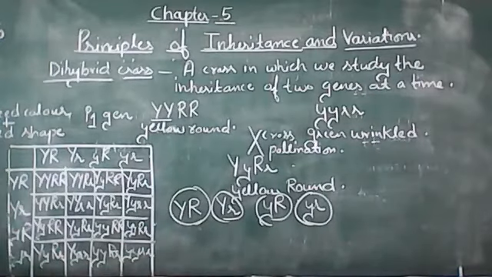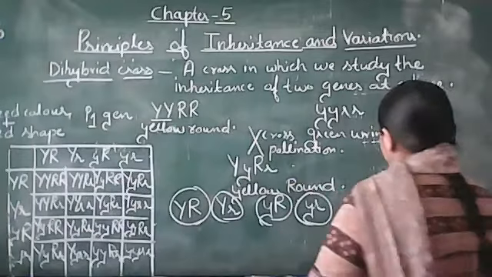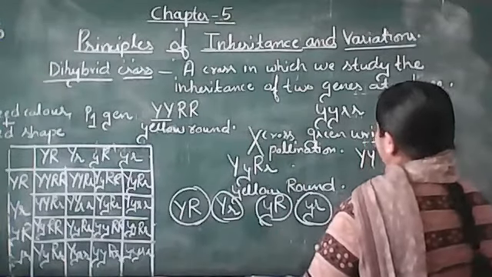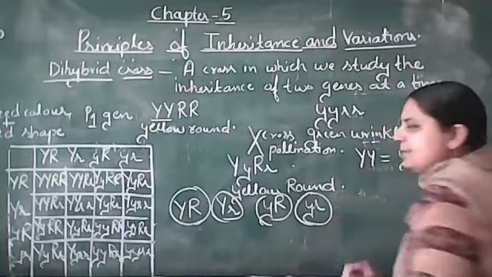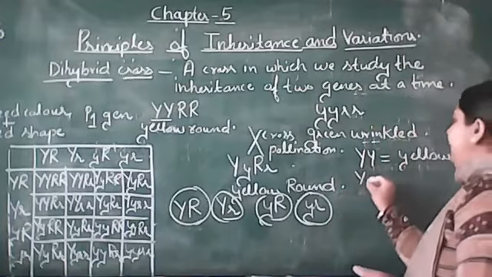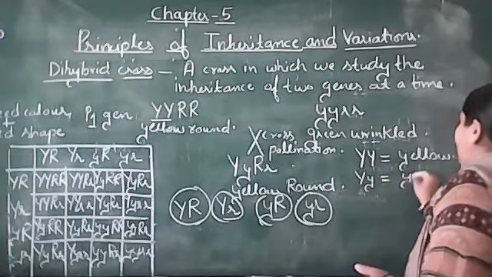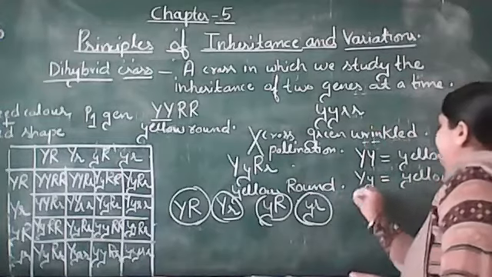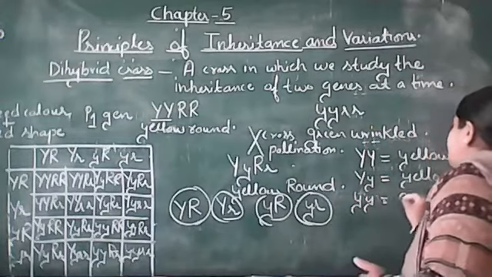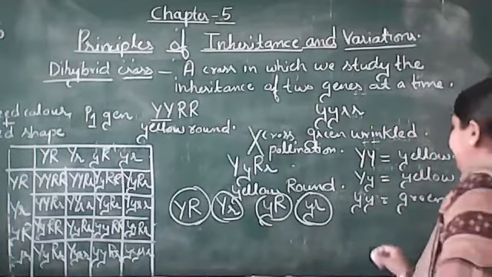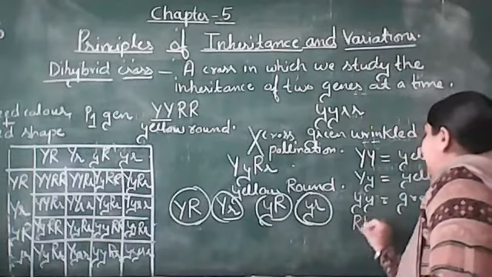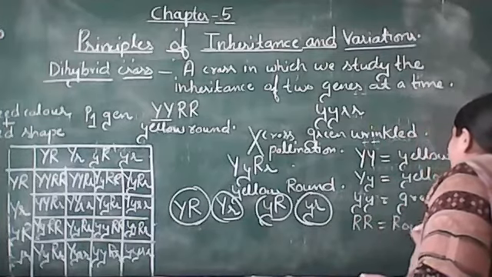How can we do the counting for these characters? If we have capital Y, then it is always yellow color shades. If we have capital Y, small y, then it is a pink yellow. And if we have small y, this means they are green in color. Similarly, for shape also, capital R is always a round shape.